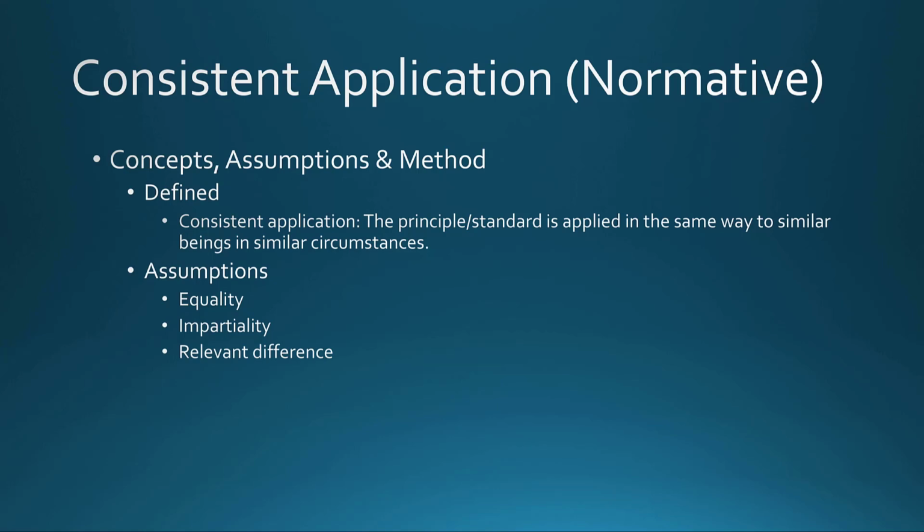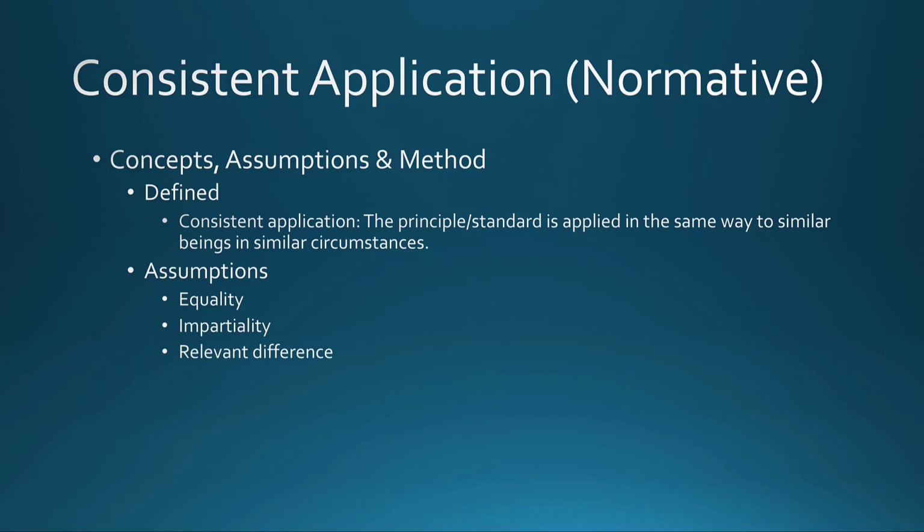There's also a critical assumption of relevant difference. And this is a normative assumption applying to those who accept it in ethics, law, policy, etc. And it's the notion that different treatment must be justified by, obviously enough, relevant differences.